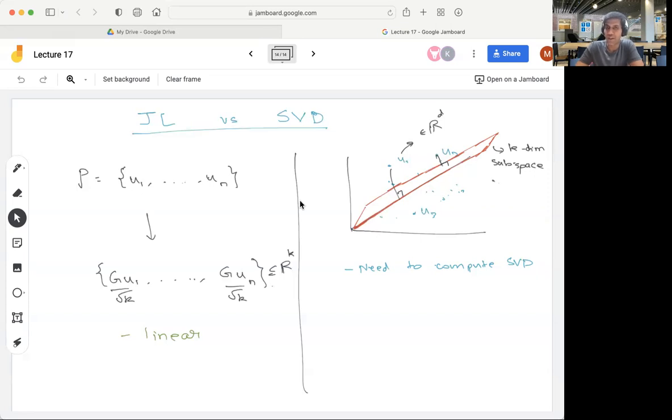So the projection operator that we are applying is also dependent on the points U1, U2, and so on. So this is a nonlinear method. In particular, if you want to understand what happens to U1 plus U2, it's very easy to understand it in the first case, not necessarily in the second case.